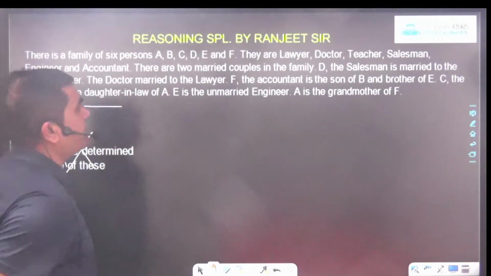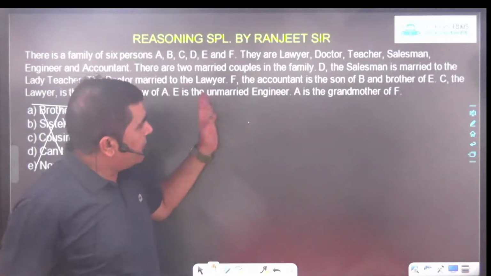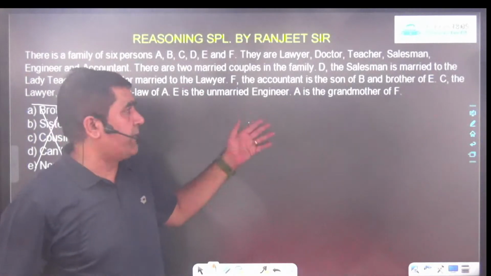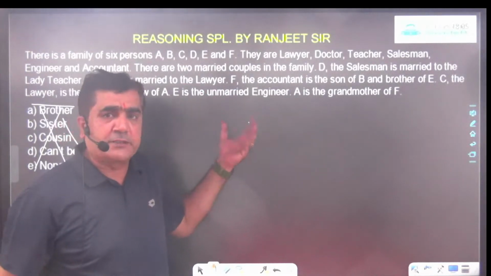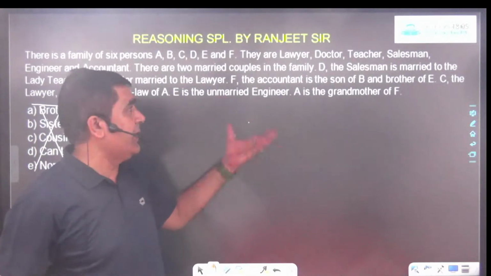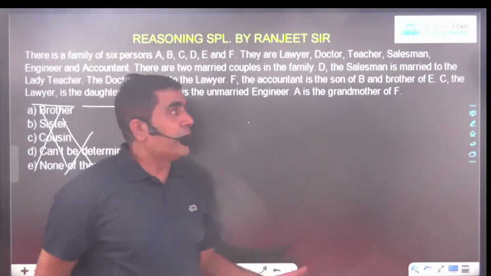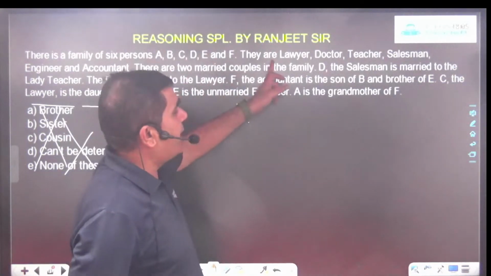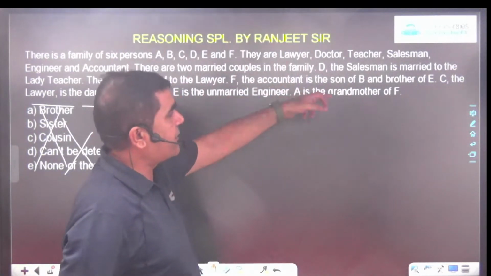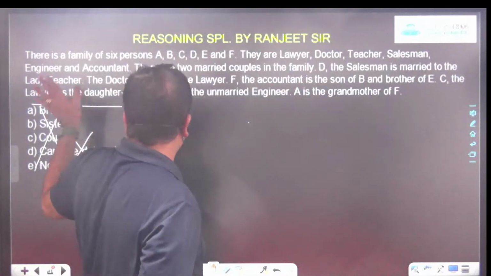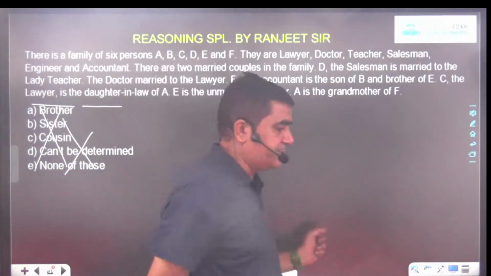See, here my job is to find which person is related to which person in what way. Means you have to find the relation between any 2 persons, and parallelly you have to find the profession of the person. Out of the 6 persons, which person is lawyer, which person is doctor, which person is teacher, which person is salesman, which person is engineer and which person is accountant.